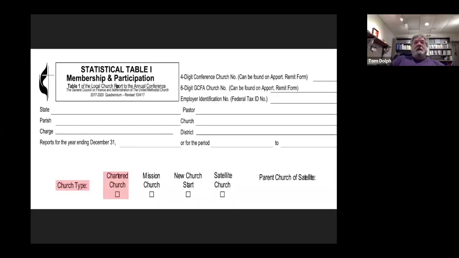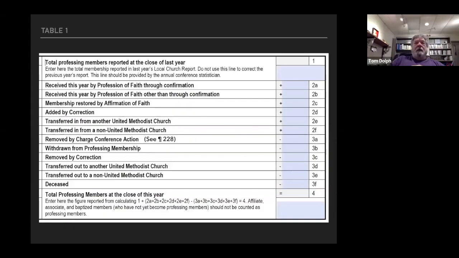So that gets you into the meat of the table. Breeze through some of these entries for a bit. This first block must be the same ending number that you had last year.